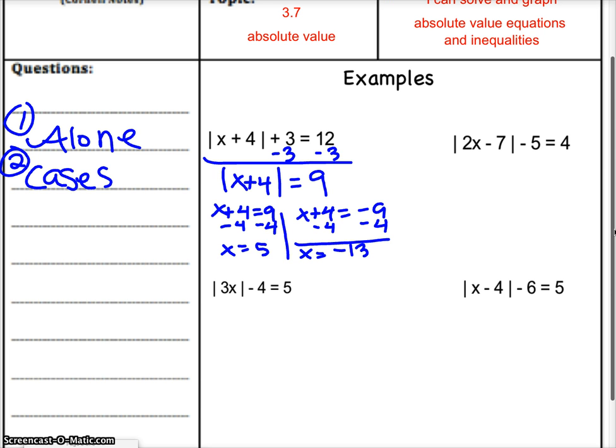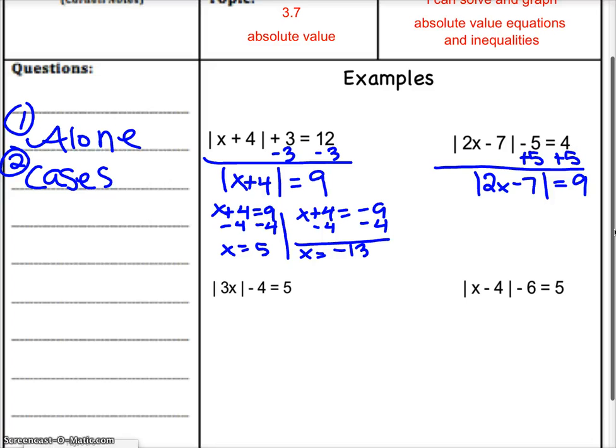Alone case. Alone case. I'm not alone. I got to get rid of this and then it's by itself. So I'm going to move minus 5 by adding 5 to both sides. Okay. Now I have the absolute value of 2x minus 7 equals 9. Now case. Alone case. Alone case. Sometimes you don't have to get it alone. Sometimes it is alone.